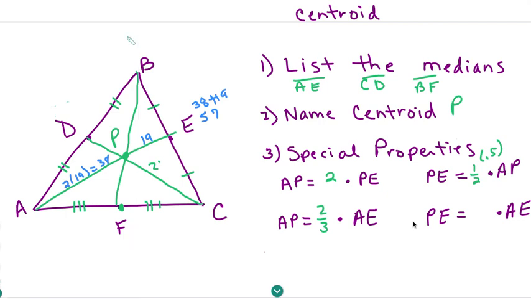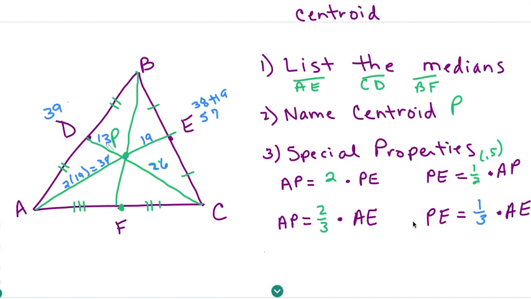So CD is 39, and that's going to make CP 26. I can also take CD and multiply by 1/3, and that will give me PD in this case on this median, and that's going to give us 13.